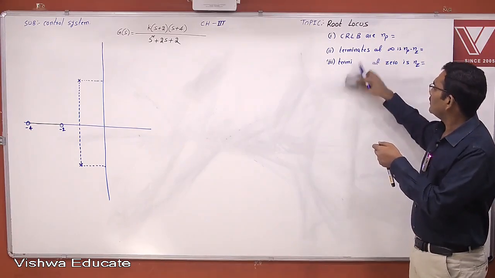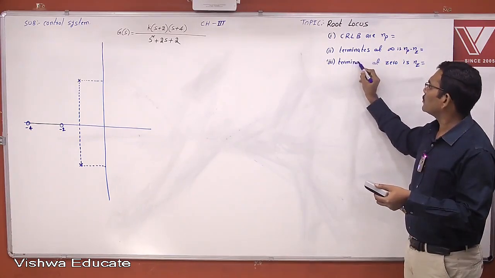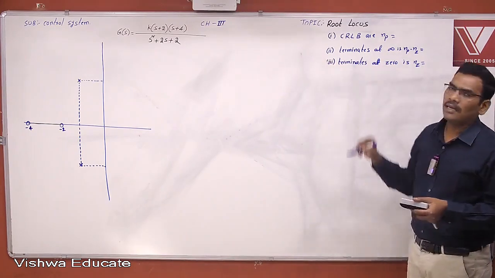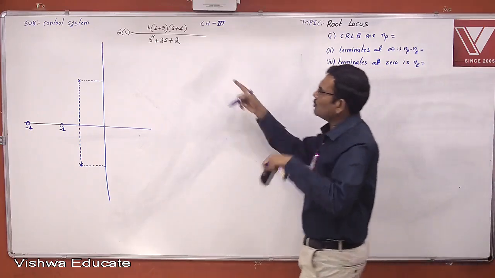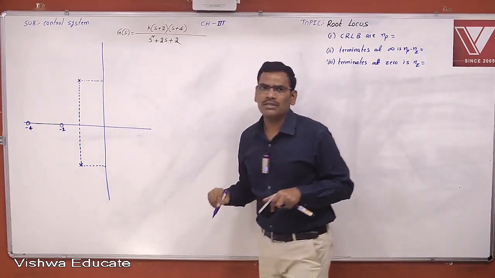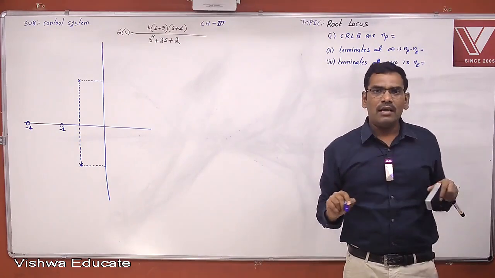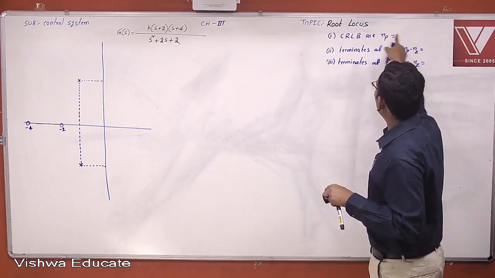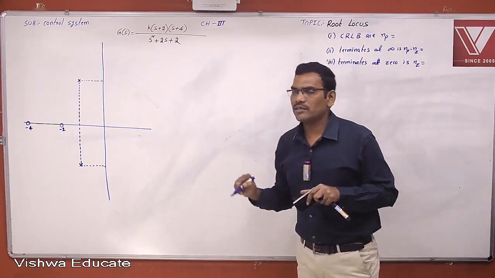But the given transfer function is an ideal transfer function: number of poles is 2, number of zeros is 2. For the practical transfer function, these 3 points come into the picture. For the ideal transfer function, nothing.